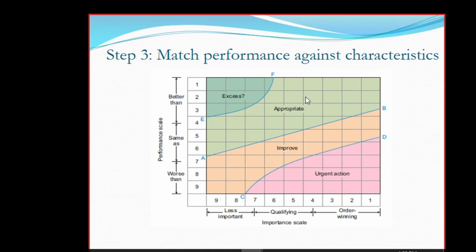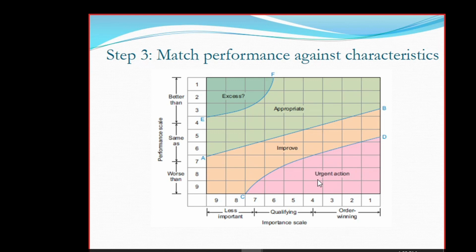If you are in this area and you improve, you are wasting your time, your energy, your resources. You don't have to improve a lot. Here you need to improve. Now in the pink area, we have what we call the urgent action.